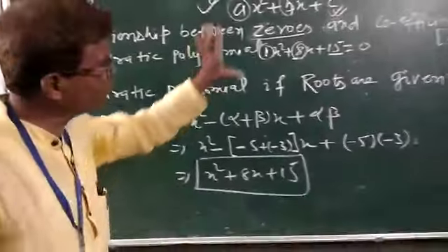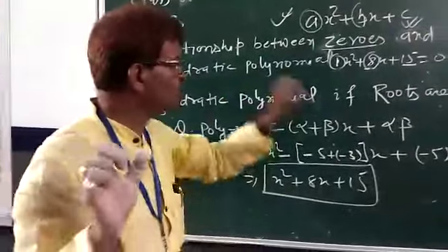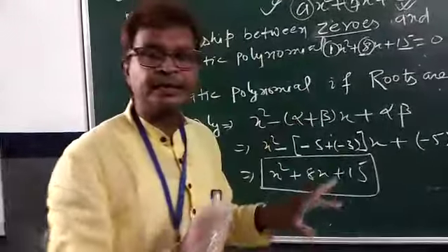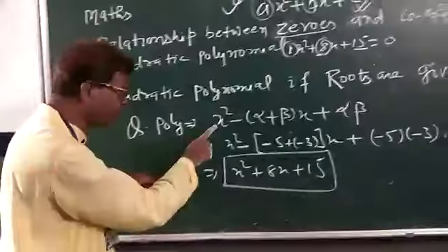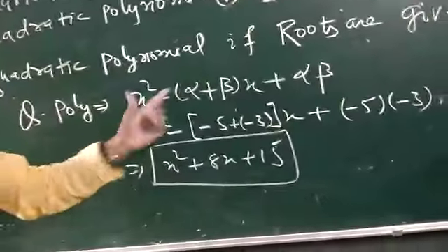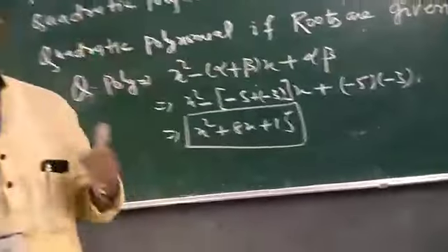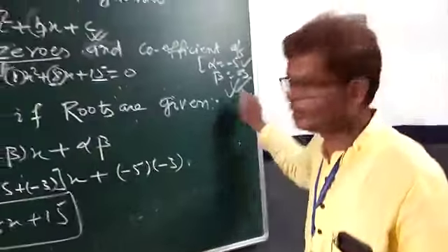If the roots are given, it means if the zero values, the values of x, are given, then how can you get the quadratic polynomial? Then this is the formula: x square minus sum of the roots into x plus product of the roots. You have just calculated the value of alpha as minus 5 and the value of beta as minus 3.